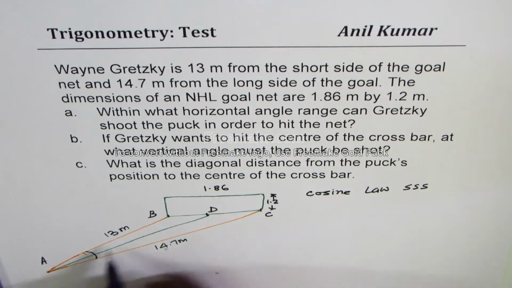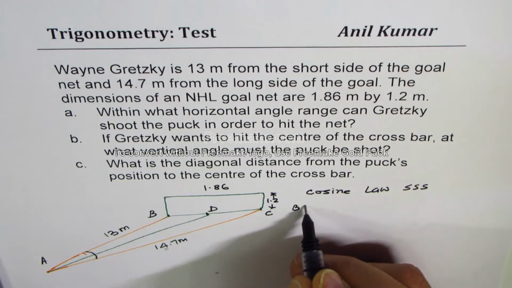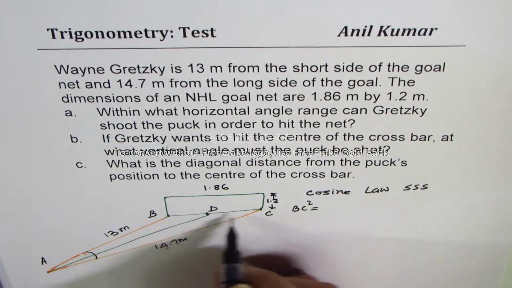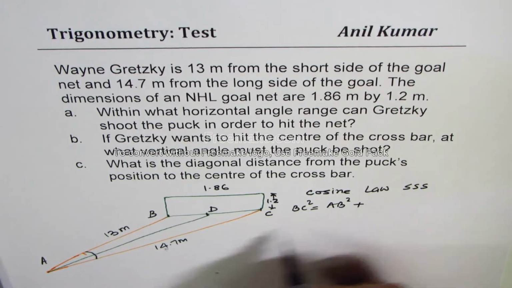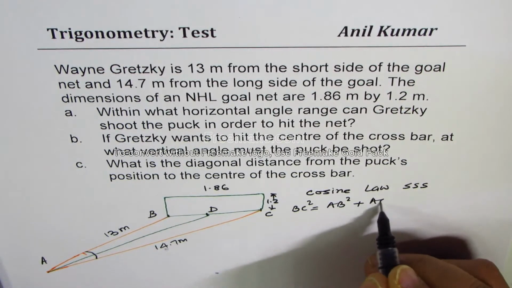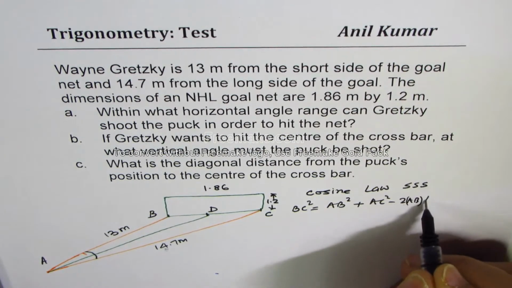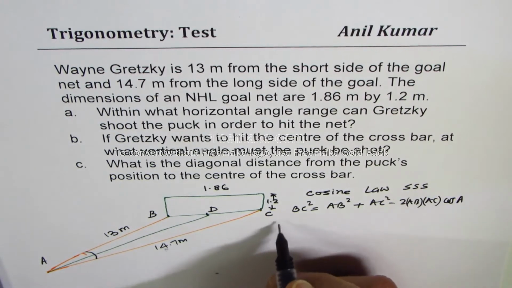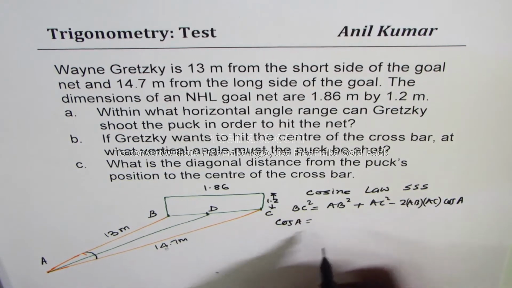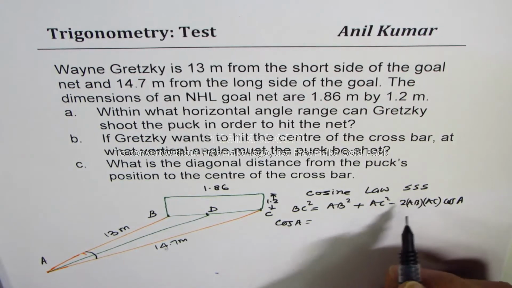What we know now is we want to find this angle A. So we can say BC square is equal to AB square plus AC square minus 2 AB AC cos of A. I'm just rewriting the formula for those who don't really remember it.